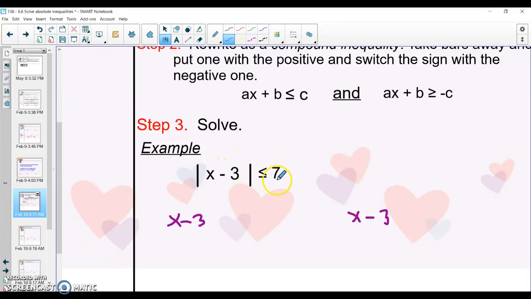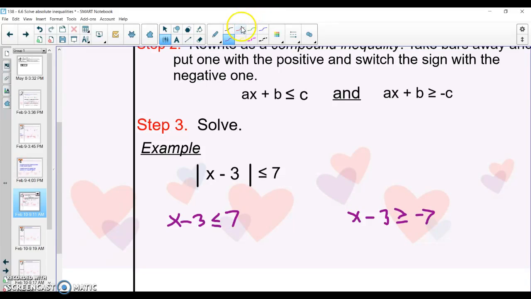It's just this part that I worry about. Now, my sign stays the same for the positive value, and it switches with my negative value. What's the opposite of 7? It's negative 7. And what's the opposite of being less than or equal to? It's going to be greater than or equal to.